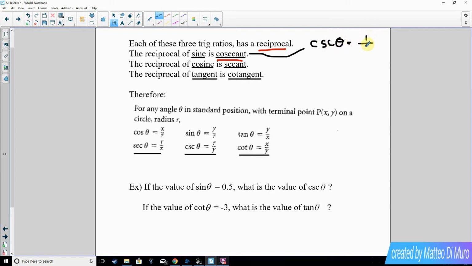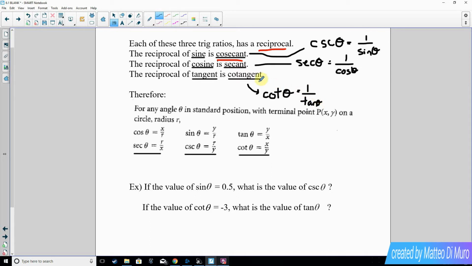So cosecant, abbreviated csc, is 1 over sine theta. Secant, spelled sec for short, is 1 over cosine. And you guessed it, cotangent is cot for short, and that's 1 over tangent.